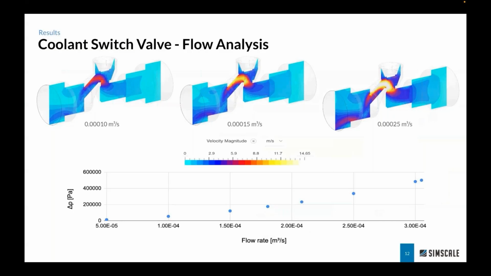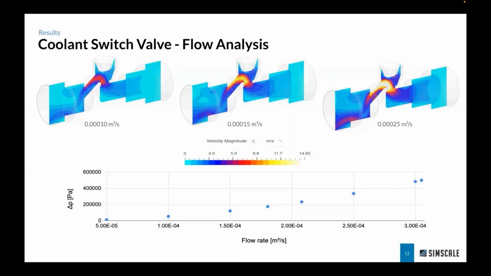The main output we're interested in here is the flow rate versus pressure drop curve. This relationship is important in a coolant control solenoid valve because excessive pressure drop across the valve would increase the load on the EV's cooling pump, which demands more power and ultimately reduces vehicle efficiency.